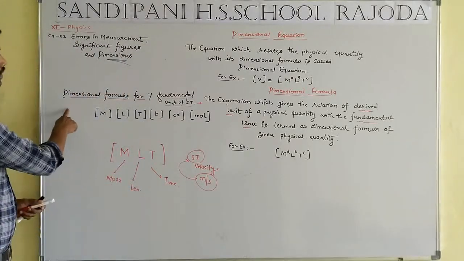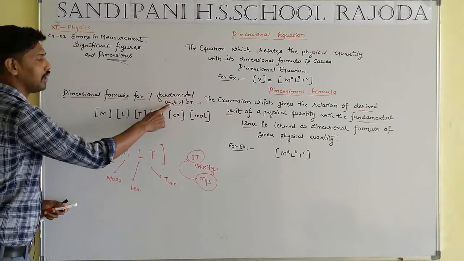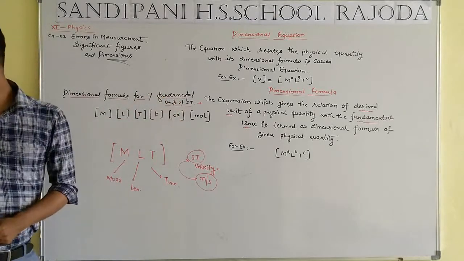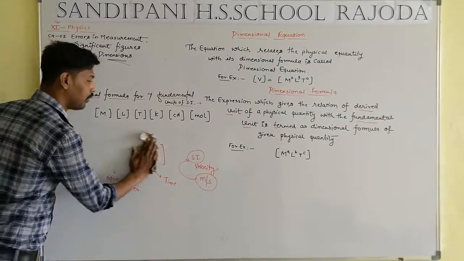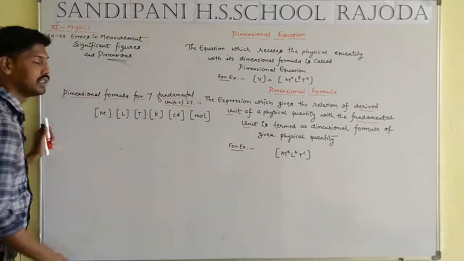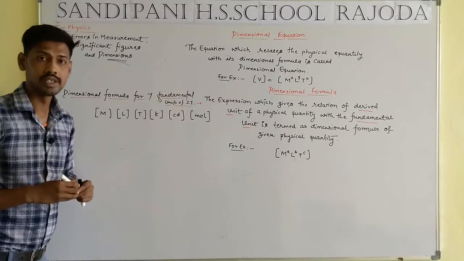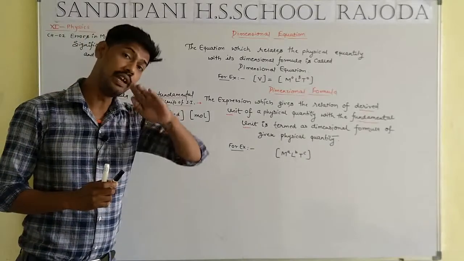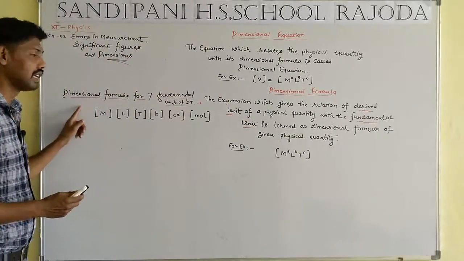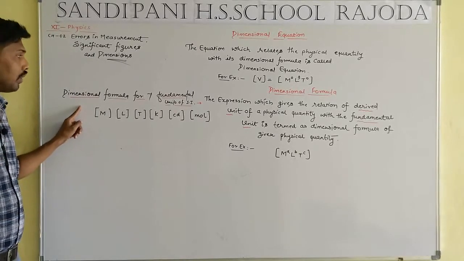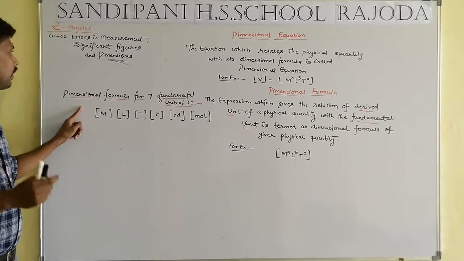Now the dimensional formula of the 7 fundamental units of SI. In the last lecture we learned about the unit system. Unit system means MKS, CGS, FPS and SI system. In the SI system, how many fundamental quantities are there? 7 fundamental quantities.